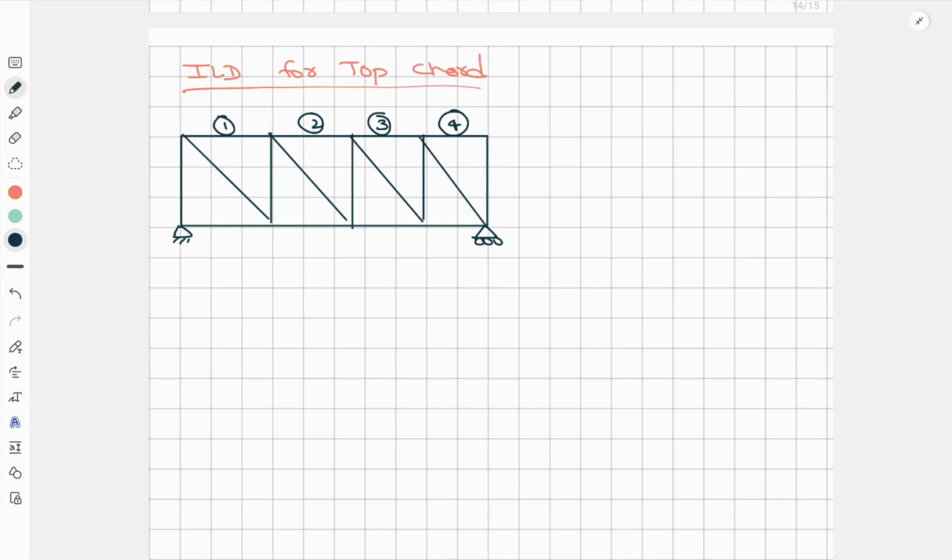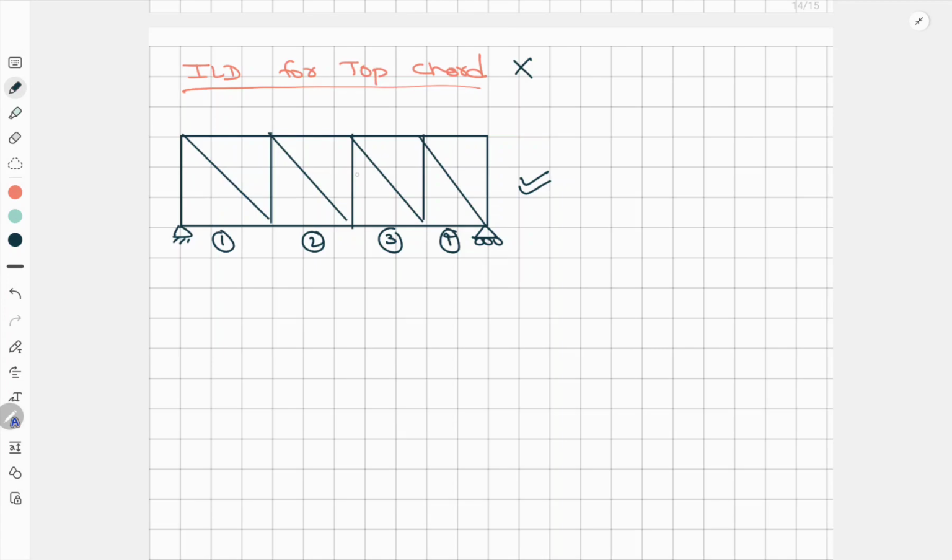Suppose nothing is given in the question, the top chord is not mentioned, and only this diagram is given. Here the members have been highlighted, 1, 2, 3, 4 like this. So we have to find for the top chord only. Again, suppose the numbers are given in the lower part, then we have to find for the lower chord.